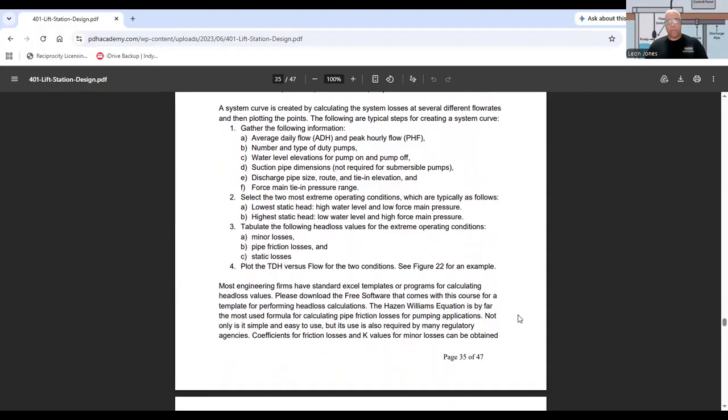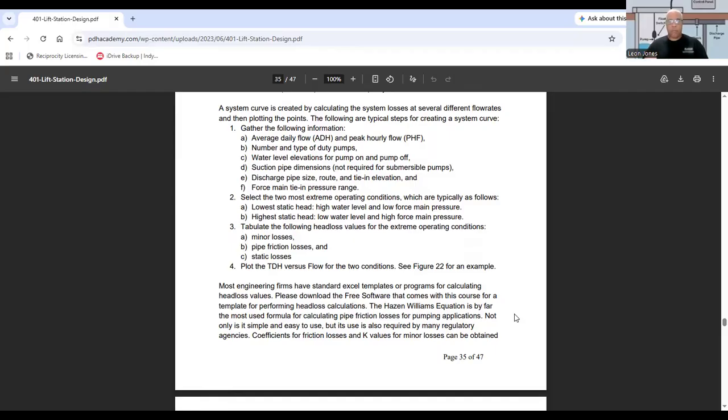Again, most engineering firms have standard Excel templates or programs for calculating head loss values. The Hazen-Williams equation, if you have taken hydrology or fluid mechanics, is by far the most used formula for calculating pipe friction losses for pumping applications. Not only is it simple and easy to use, but it's also required by many regulatory agencies.